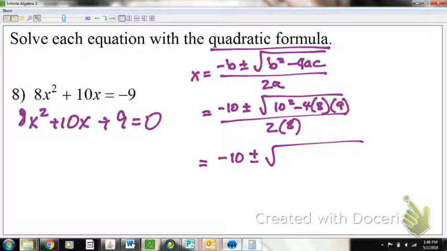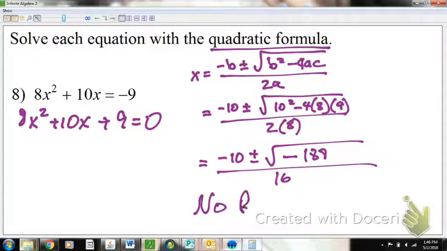The key is that this is negative. It's negative 188, I think. But it really doesn't matter. It's negative, and so we're going to stop right there and say that this equation has no real solutions. We haven't taught this yet, but I would even allow it on the test tomorrow.